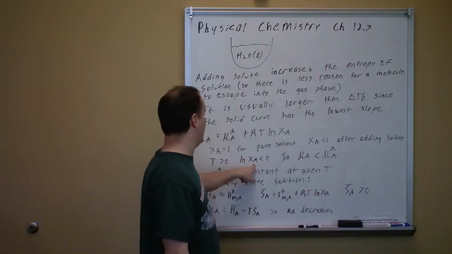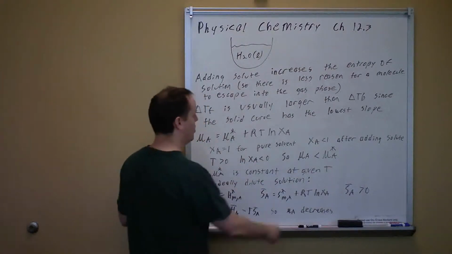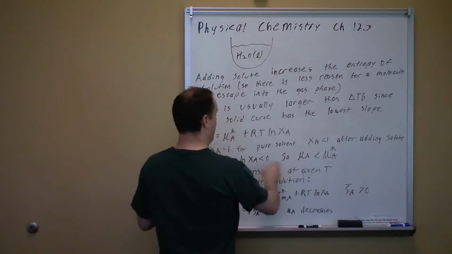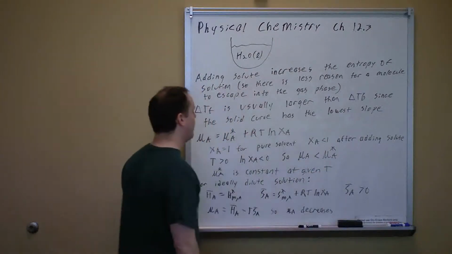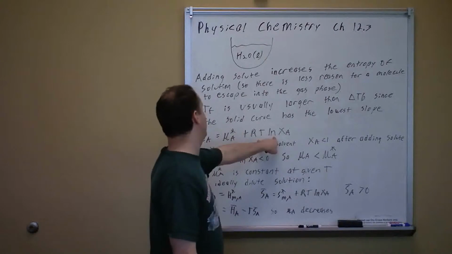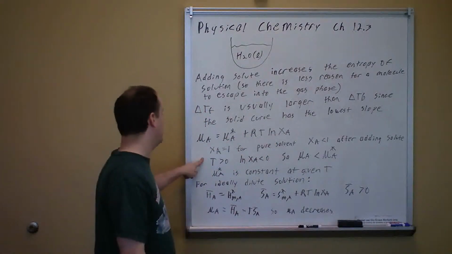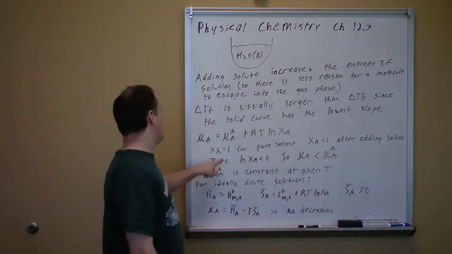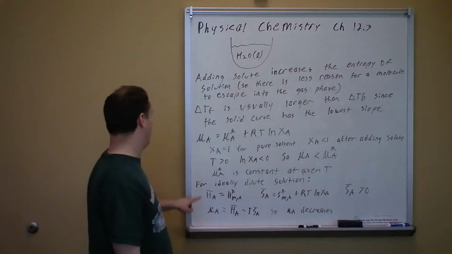The natural log of XA is less than 0, since the mole fraction of A is less than 1. So what that means is that mu A is going to be less than mu A star, because this whole term is going to be negative. So we're going to be subtracting from the original chemical potential. And remember, this mu A star is constant as long as you're at a certain temperature.